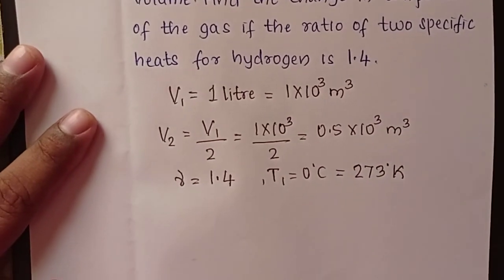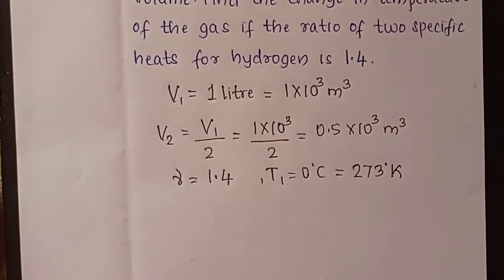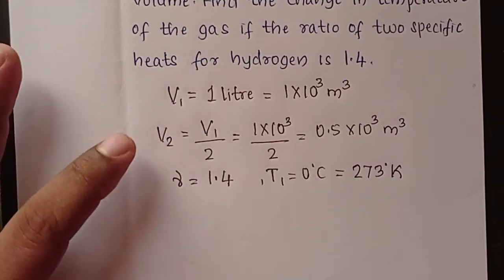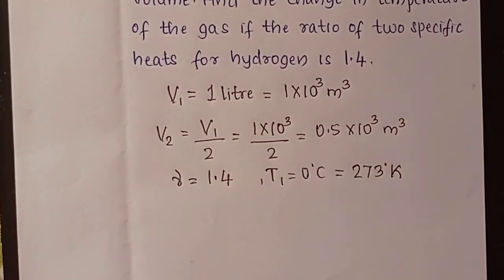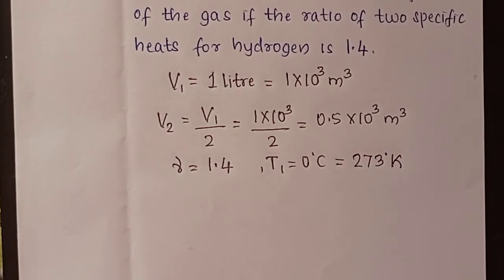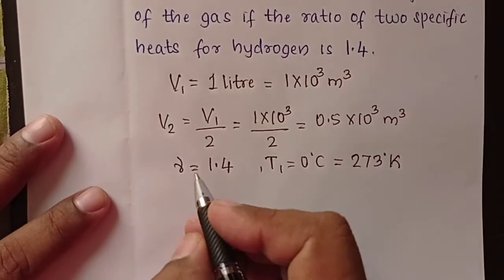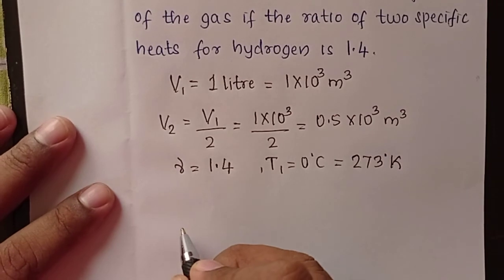So take the process. So he has given us the value of V1, V2 and T1, and he has given the value as ratio of specific heats, that is gamma is 1.4. So the process is which process? Adiabatic process.